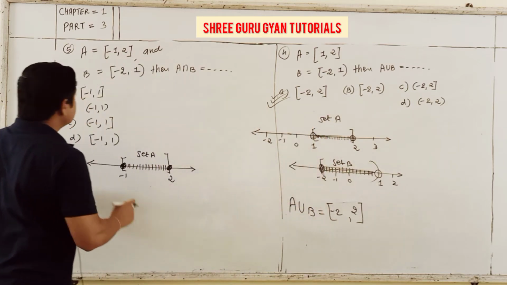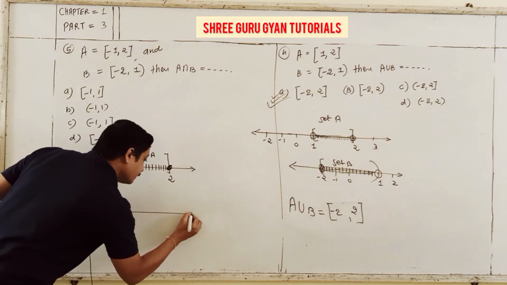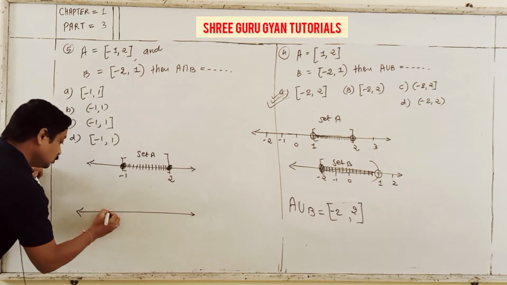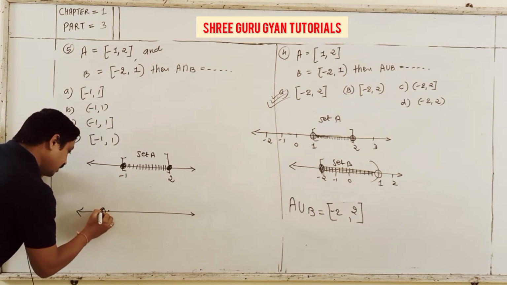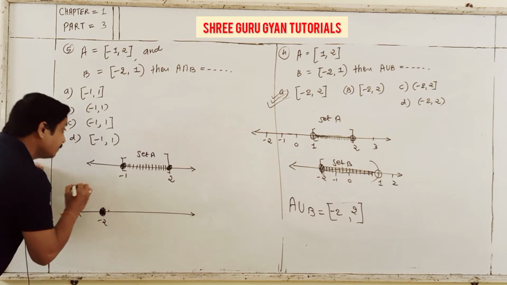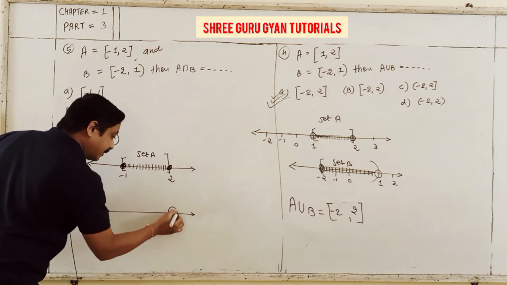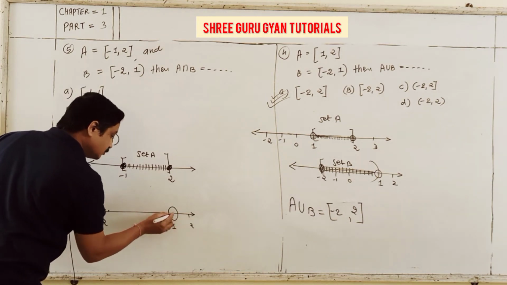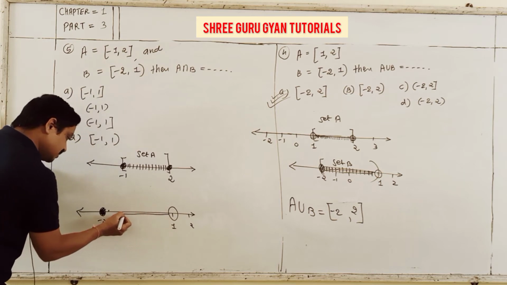And now secondly, these are minus 2 closed and 1 open. I mean the interval: minus 2 is counted and 1 is an open bracket. Here is 2, and all numbers in between are counted.